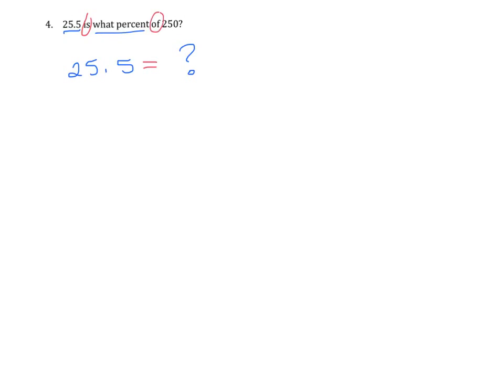Of means to multiply, and 250 is just a number. So I have an equation, 25.5 equals some number times 250. Now I want to get the missing value by itself on the right side of the equation.